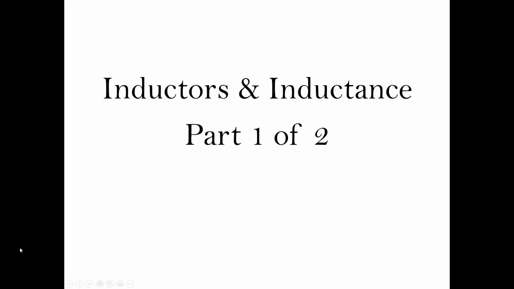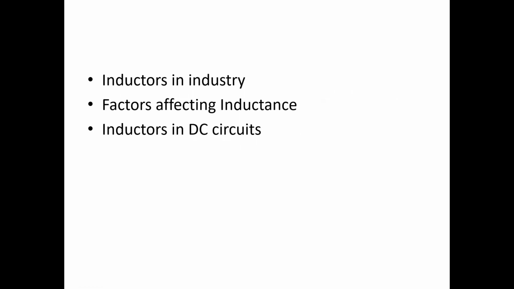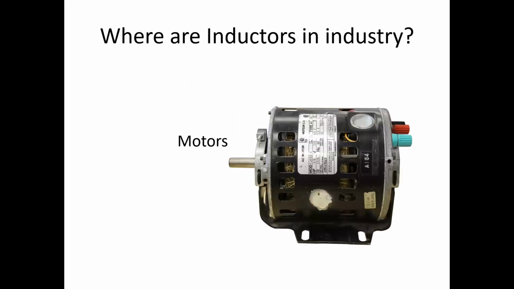What we're going to be looking at in this presentation is inductors in industry, where we find them, factors affecting inductance, and how inductors will react when connected into a DC circuit. So, inductors in industry, where are they? Anything that is an electromagnet or that uses electromagnetism in some way, shape, or form will exhibit the physical property of inductance.